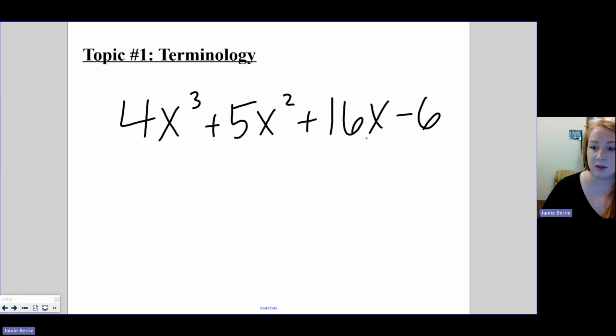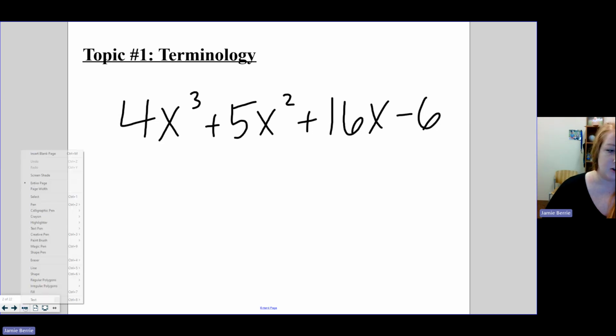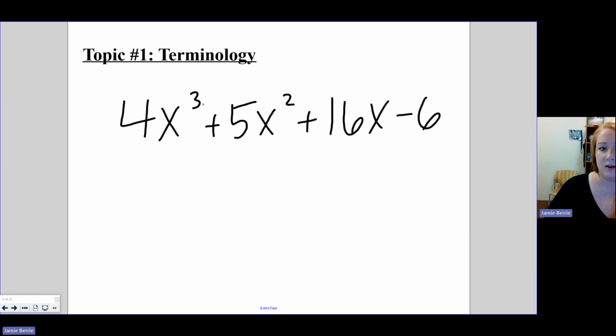All right, so this is a polynomial. Poly means multiple. It just means it's made up of multiple terms and they're being added or subtracted. First of all, I should point out that this polynomial is written in descending order. That means that the exponents on our variables are going down.